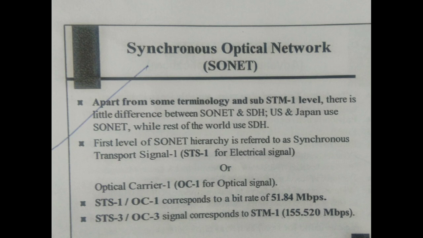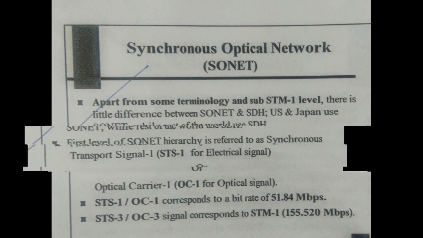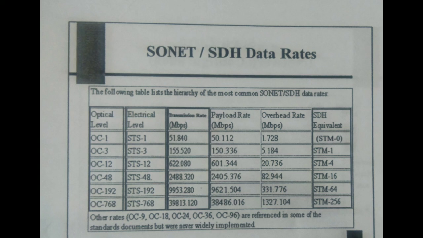Similarly, for SONET we have STS, Synchronous Transport Signal, and one OC-1 having a capacity of 51.84 Mbps, and if we multiply that by 3 it becomes STM-1, which means 1 STM is equivalent to 3 STS signal frames. So let's have a quick review of the differences between OC-1 and STS. Then we have the payload and the overhead and the actual STM-0.